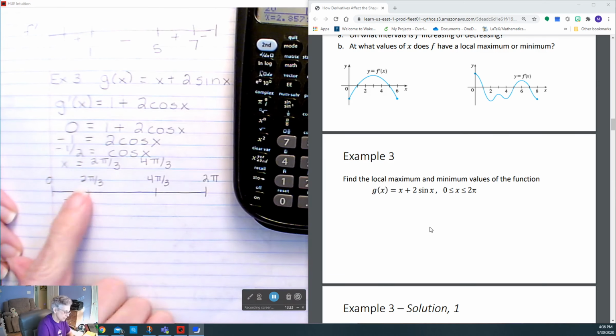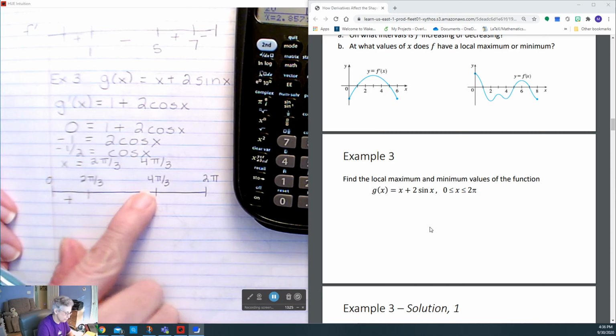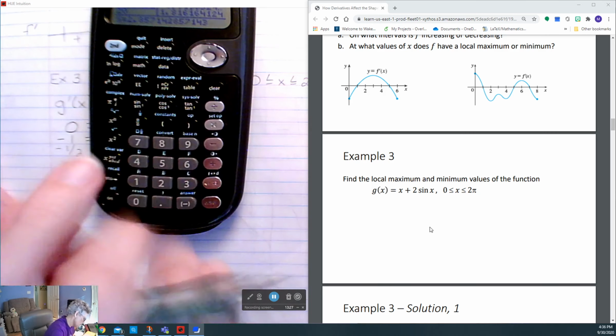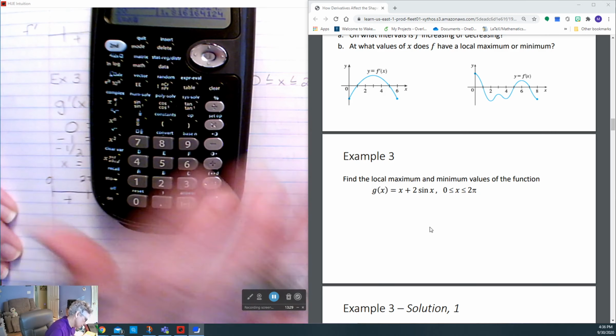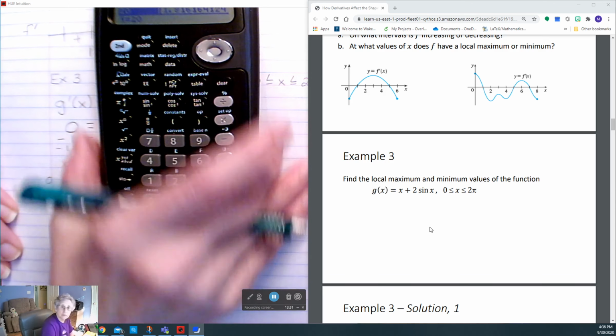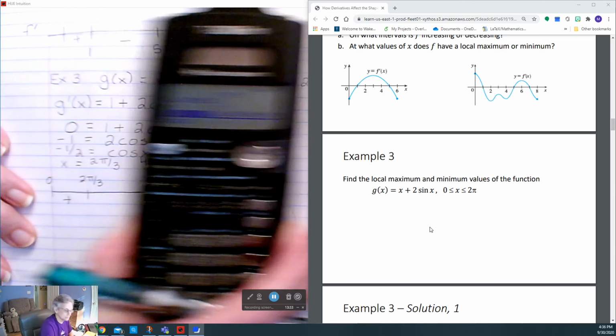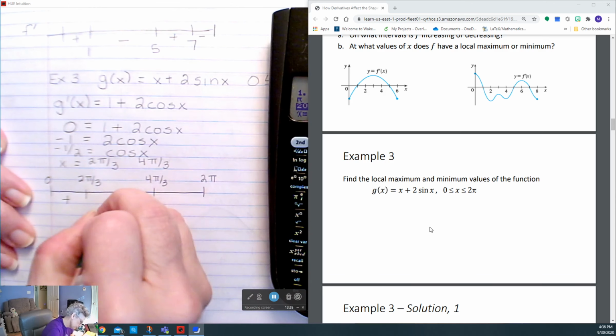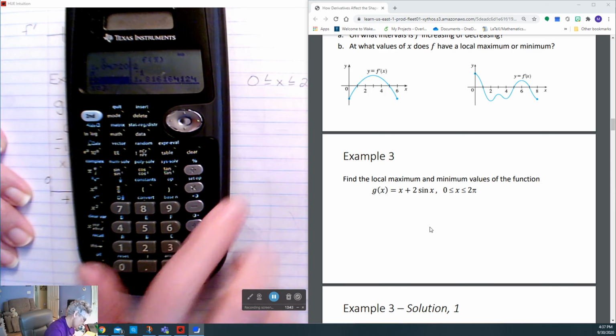Now I need something between 2 pi thirds and 4 pi thirds. I think pi will do that one. And that gives me a negative thing. Now I need something between 4 pi thirds and 2 pi. So I'm going to go with 3 pi halves.